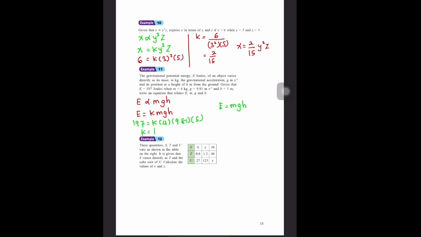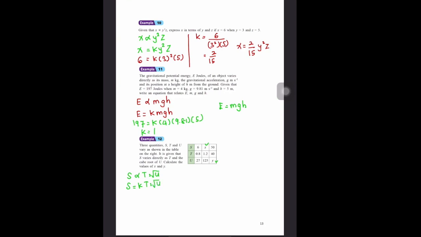It is given that S varies directly as T and the cube root of U. Calculate the value of x and y. So change this relation into equation form. So S equals k T cube root of U.